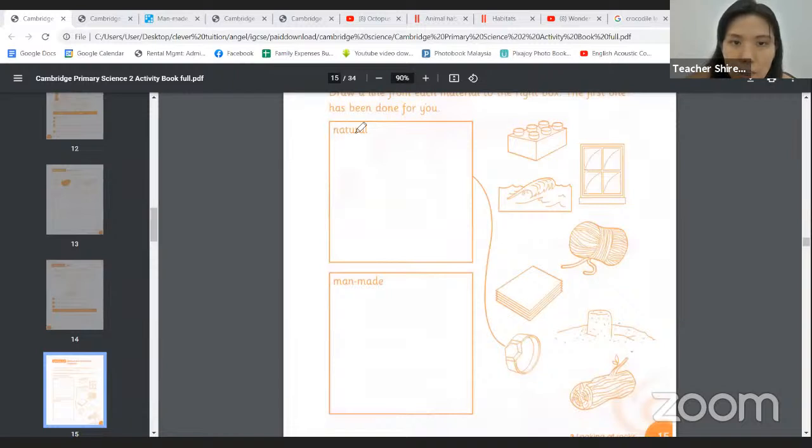Tell me which are natural things and which are man-made things. Angel, can you turn on your annotate? Draw the Lego. Lego, is it natural or man-made? Natural or man-made, Angel?